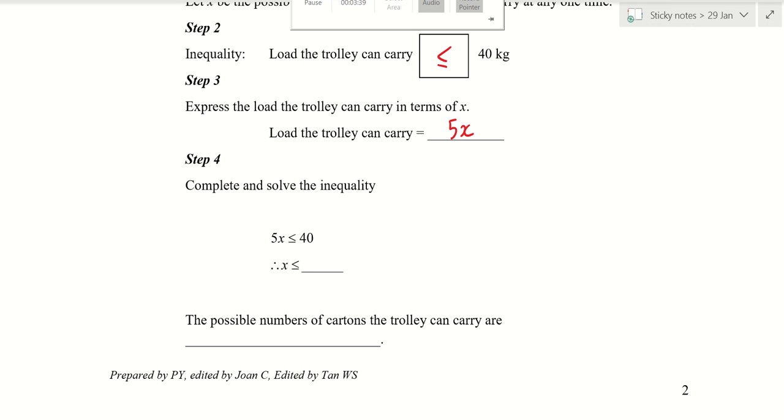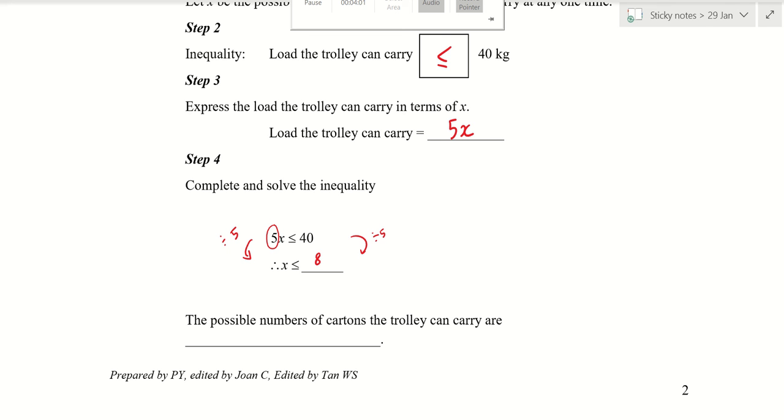So with that, our next step, just like how we solve our algebraic equations, we want to remove the 5 over here. So we do so by dividing by 5 on both sides. And then you end up with 8.